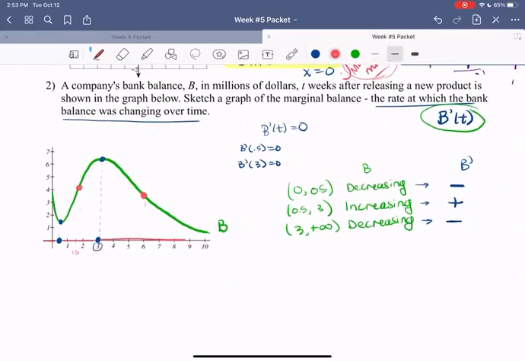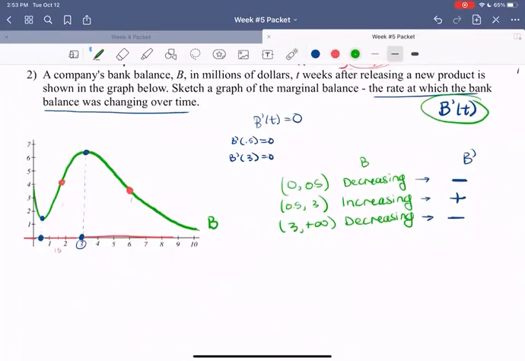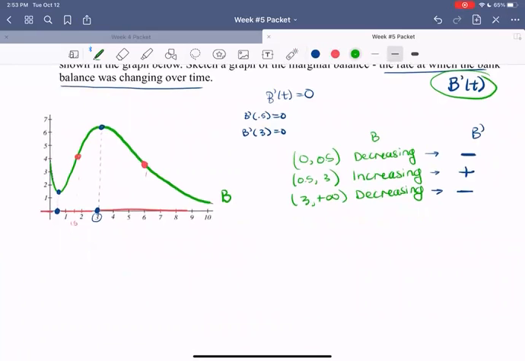Now we have some more information about our function B, and some consequences for our derivative B prime. On the interval from 0 to 1.5, our original function B is concave up. From 1.5 to 6, B is concave down.